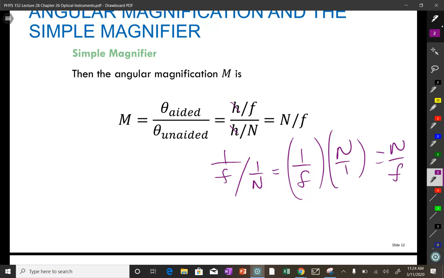Now keep in mind, do I want a convex or a concave lens for this? Should be a convex. Do I want converging or diverging? You can look at the picture, because the picture tells you the answer.